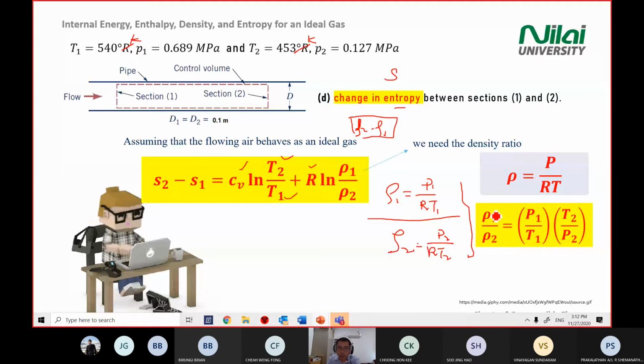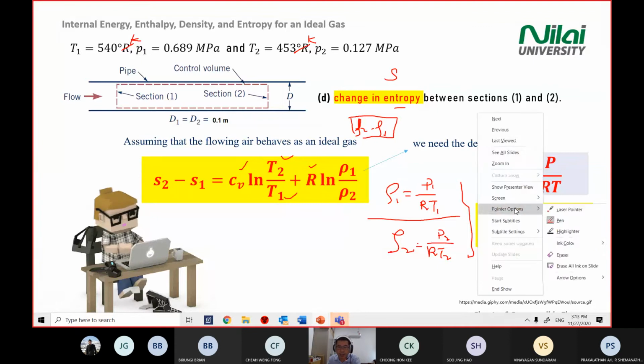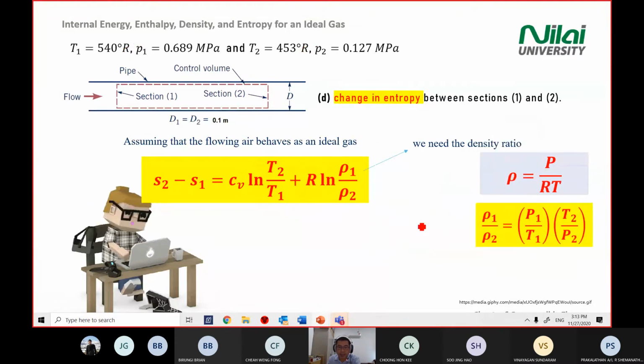Why do we need to do this conversion? Because all these parameters were given in the question. So mathematically, you can find all these ratios by using the numbers given. Then you continue with the calculation, right?